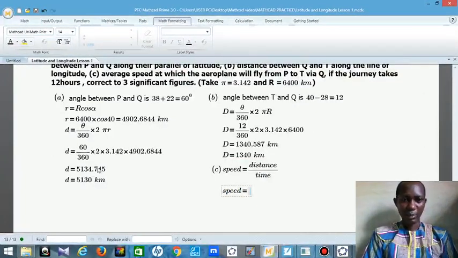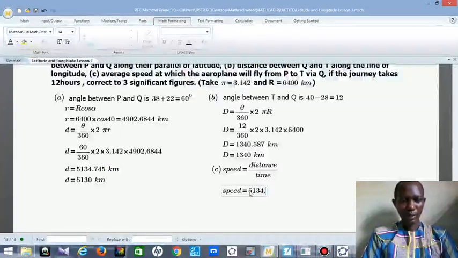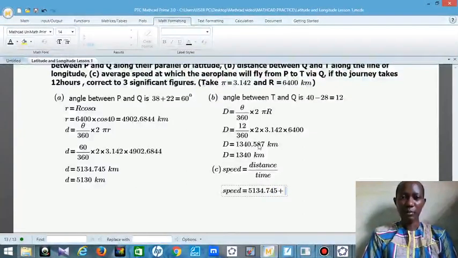Let's use the one without approximation, that is this one, 5,134.745. It's good to use the one without approximation when solving, because this will give the best answer compared with the approximated one.